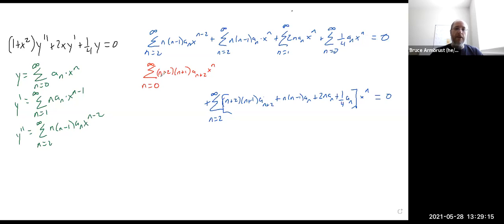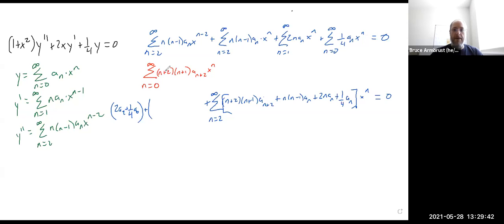So when I plug in 0, this thing is going to give me 2a sub 2. This one's going to give me 1/4 a sub 0. And so those are the pieces from n equals 0. Then I need to do the same thing, but for n equal 1.